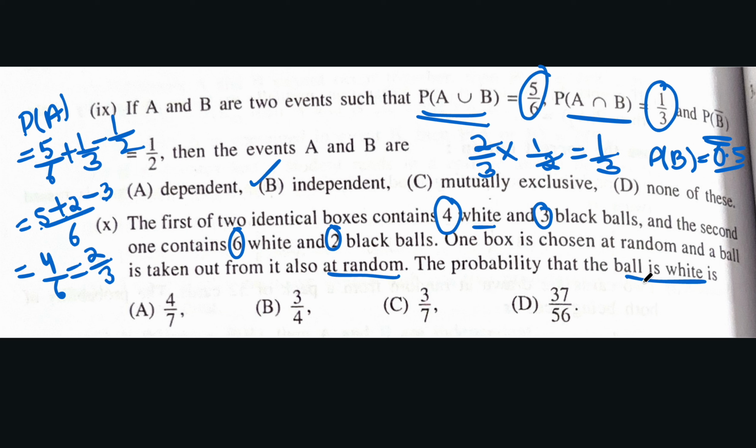The probability that the ball is white is, the probability of the box being chosen, then the ball would be first box chosen would be 4 by 7, second box chosen would be 6 by 8. Yeah, it will be this only.